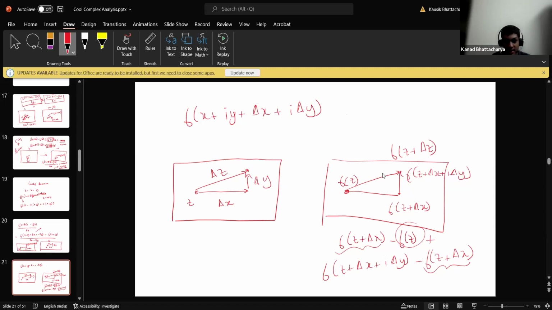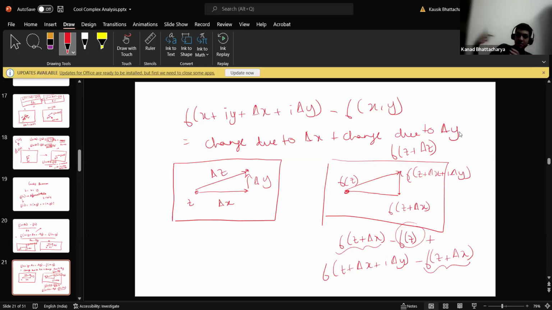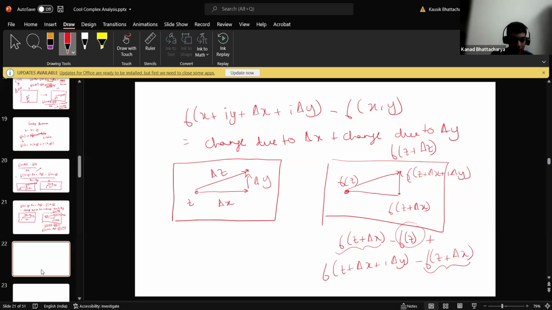So we can define the change as equal to the change due to moving to the right by delta x plus change due to y. I'm not specifying what I mean by change clearly here. Basically, what I'm trying to do is decompose this. So now just hold on tight.